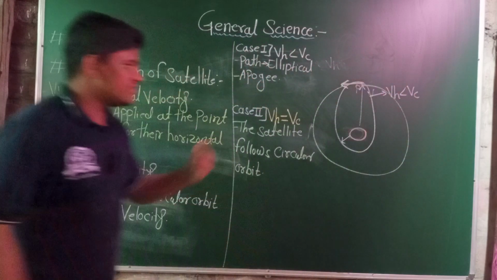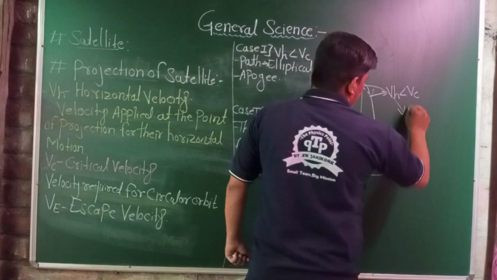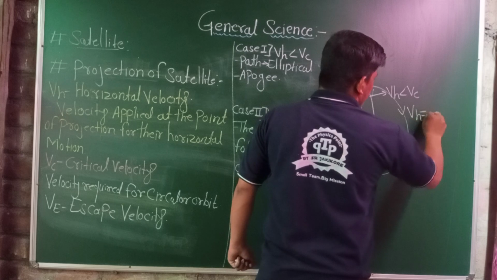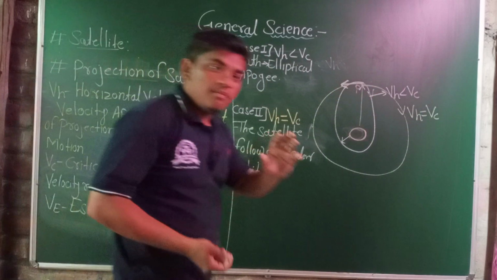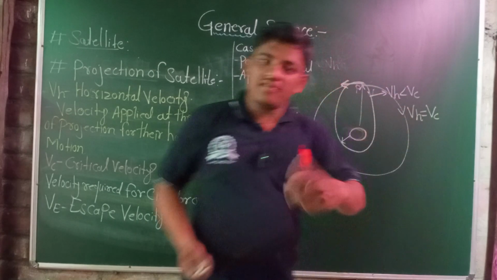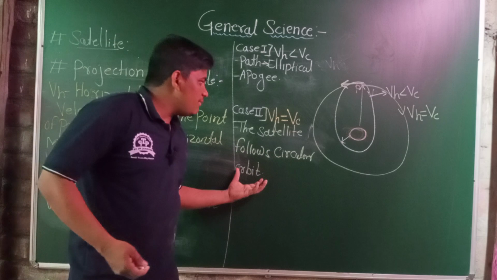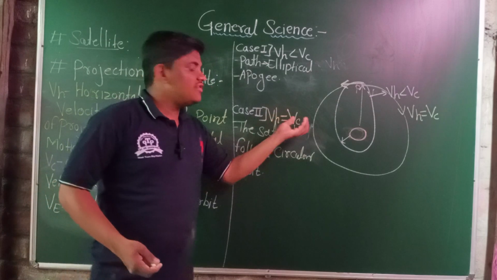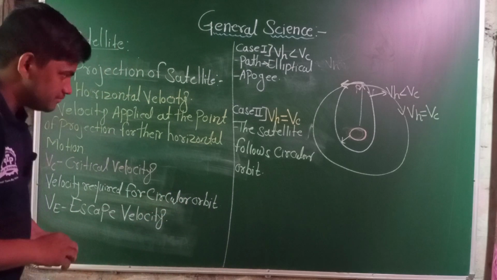This is a rough diagram, and it must be circular. This is the second condition, where Vh is equal to Vc. Vc is the critical velocity which makes the circular orbit around the earth. The satellite follows the circular orbit when the horizontal velocity applied is equal to the critical velocity.